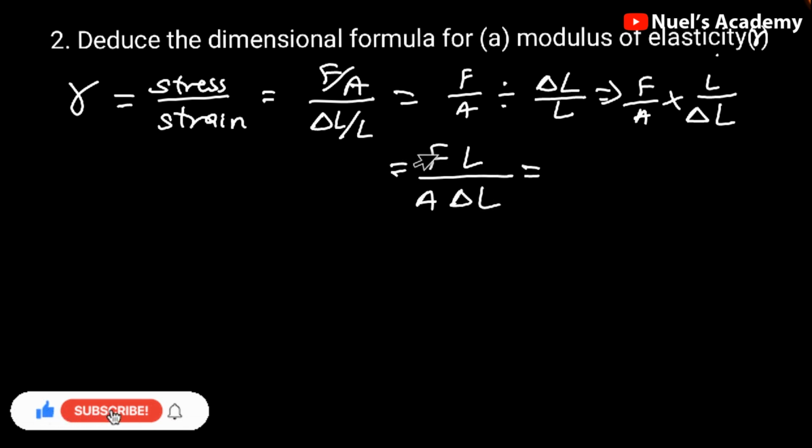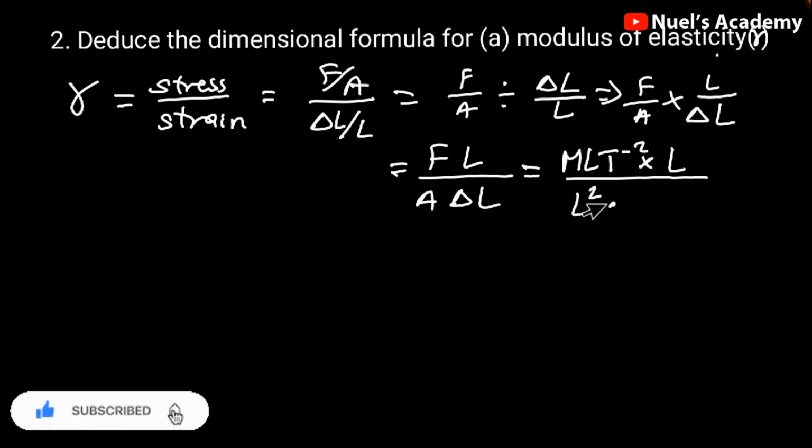The dimension for force is M L T raised to power negative 2, multiplied by the dimension of L, that is length, then over the dimension of area, which is L squared, multiplied by the dimension of change in length, which is also L.